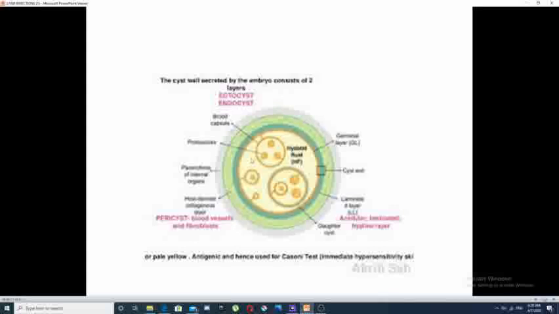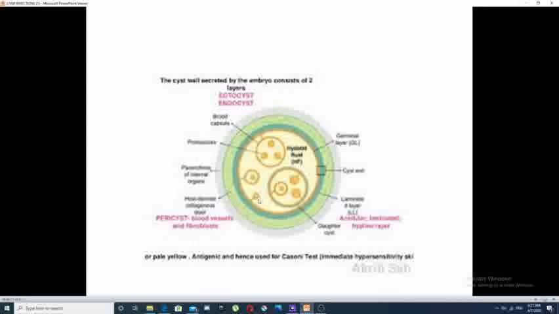Another important function of the germinal layer is that it produces, within the hydatid fluid, within the cyst cavity, what are called scolices of the hydatid cyst. These scolices represent the head segment of the adult parasite, and they have the ability to grow into the adult worm if they reach the definitive host of the parasite, which are the dogs.